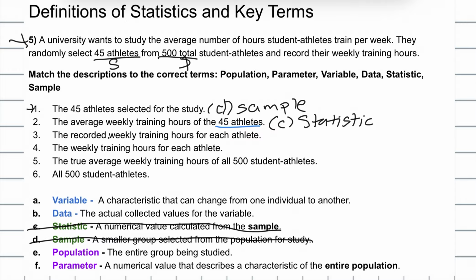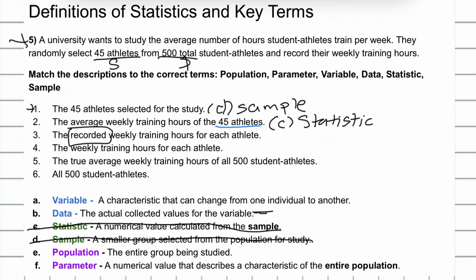Now, the recorded weekly training hours for each athlete is a specific number, right? Very specific. And whenever a specific value is presented and the word recorded or observed is given, we need to think about data.